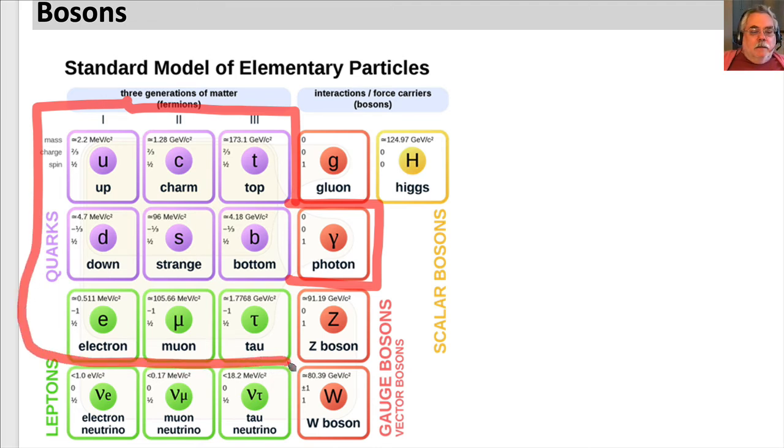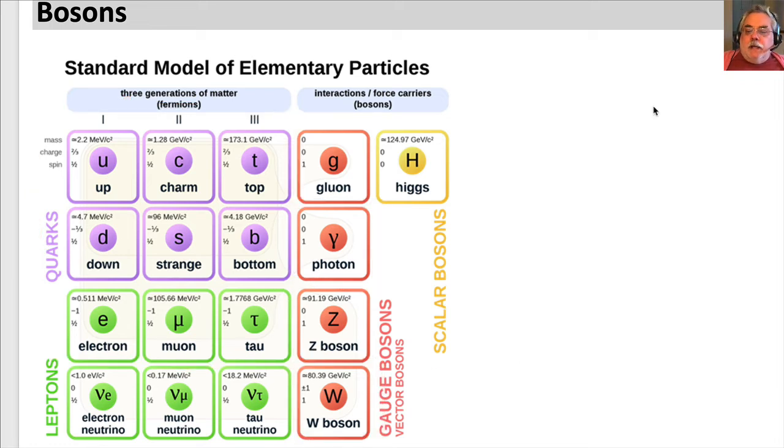These 9 fermions have electrical charge and are affected by electromagnetism. The W boson also has electrical charge.